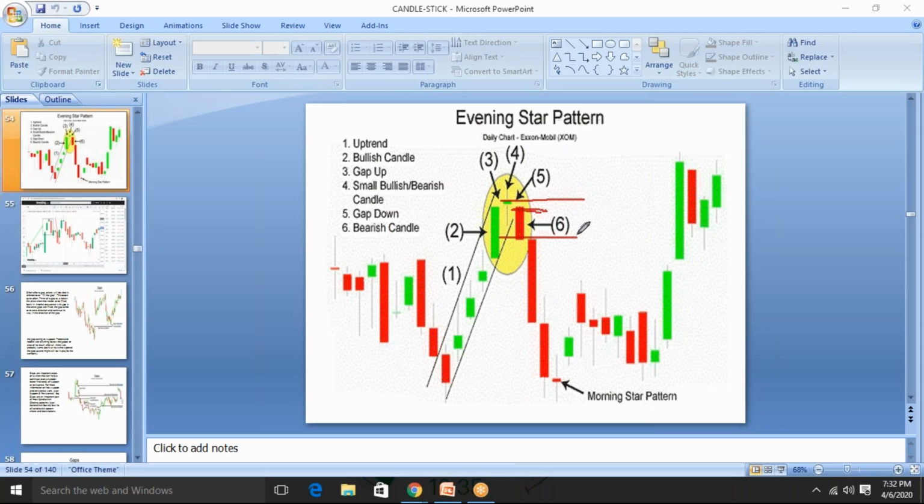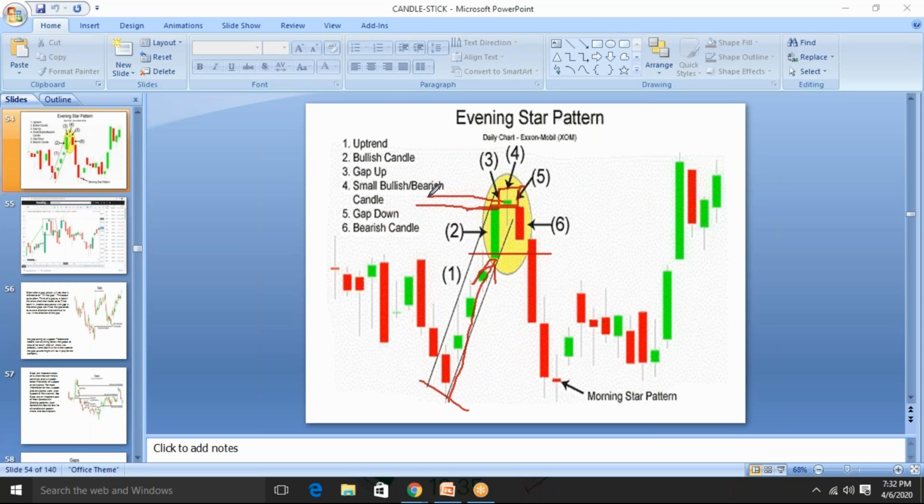Is it fine, sir? Any doubt in the evening star? It is similar to the morning star. The only condition is that there should be an uptrend in the market. Second, there should be one bullish candle. Third, there should be one candle which opens gap up. Clearly, the closing of the previous candle was right here, but the opening of this candle was at this level.